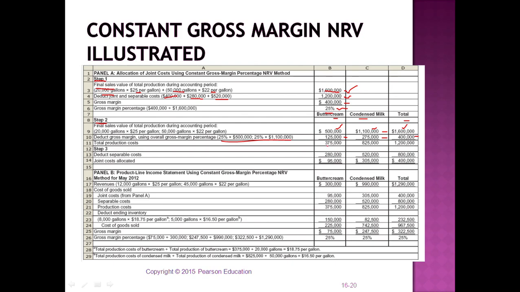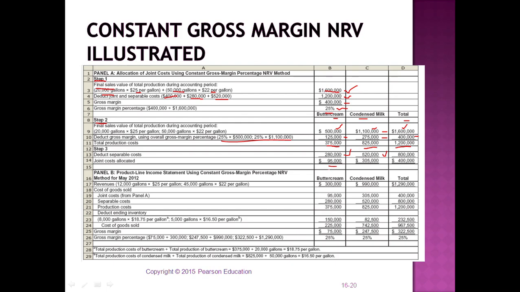Now you have to remember that this is the cost which includes both the joint cost as well as the separable cost. So now what you need to do is minus the separable cost, then you will be having the joint cost, right? So this was given, the separable cost is 280,000, separable cost is 520,000. So you minus that, and now you receive the joint cost.